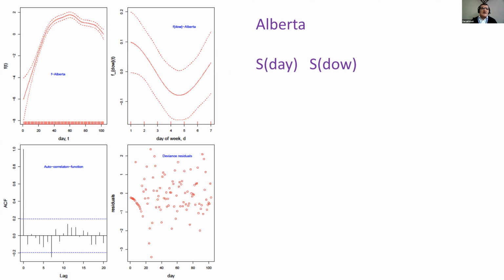And for the Alberta case, these are the smooth functions with 95% confidence interval. We have one lag significant, at lag 8.